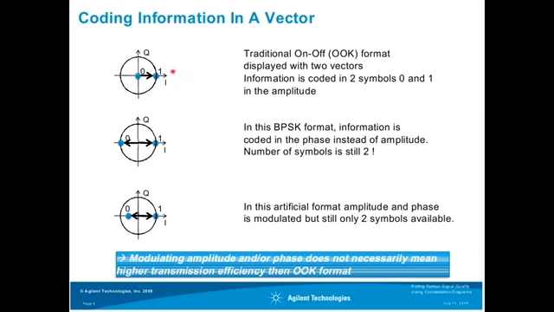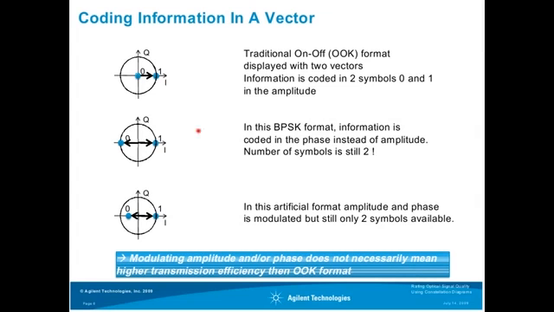When we represent this on the constellation diagram, we have 2 points. One is the high amplitude, which represents the 1, and the other is the low amplitude value, which represents the 0, and it is ideally 0. So the information that is coded in these two states is 0 and 1.